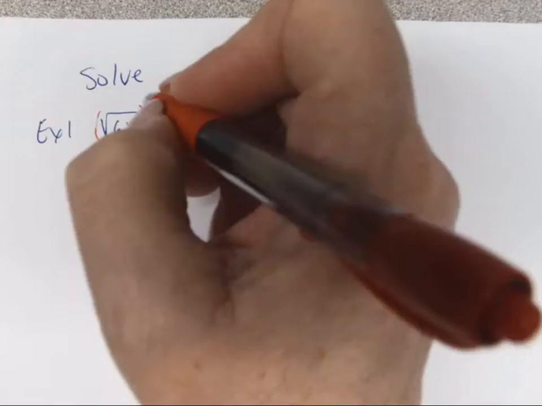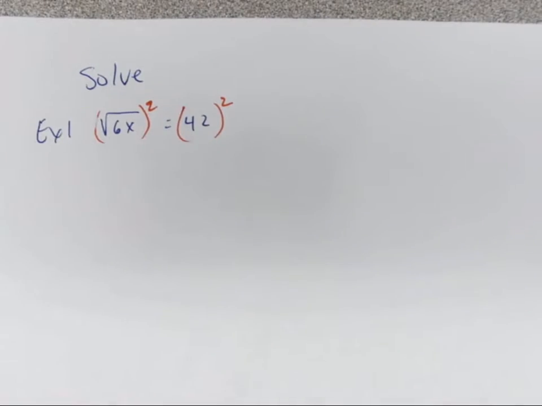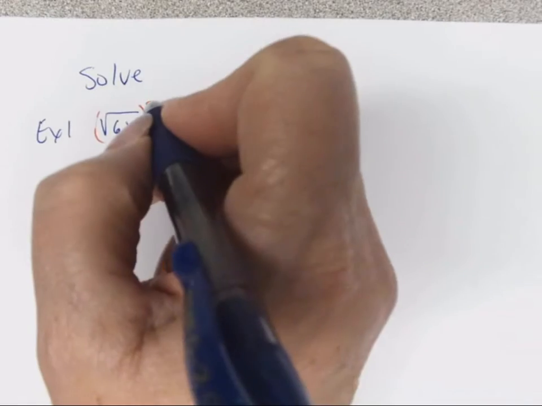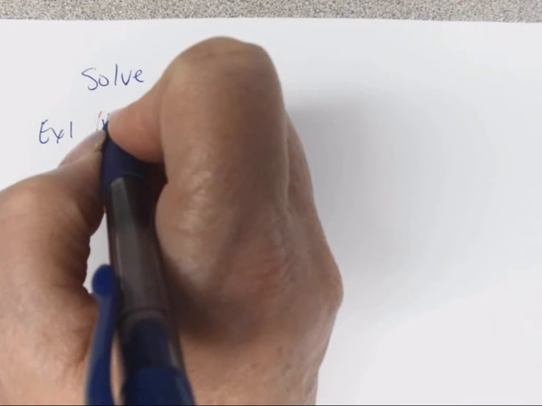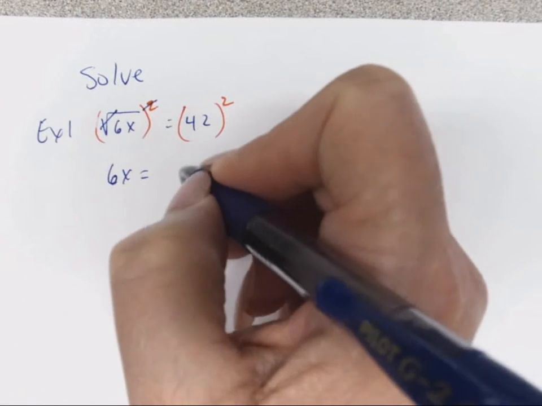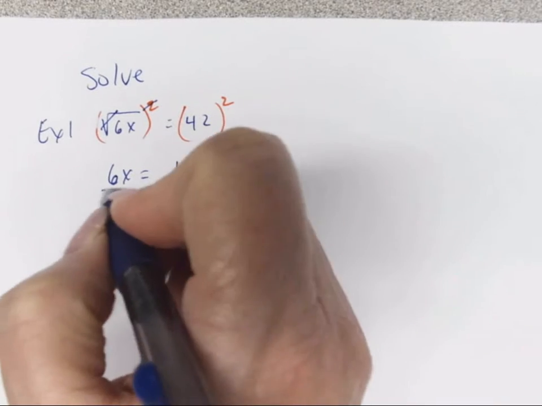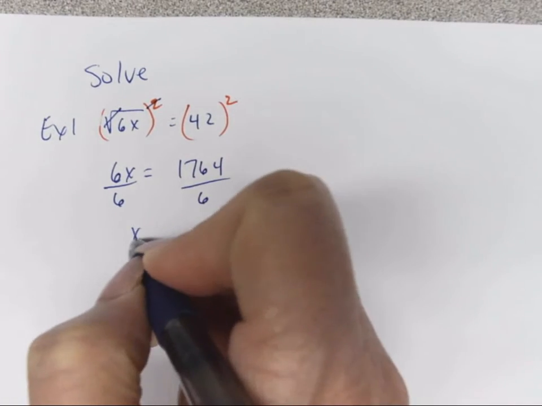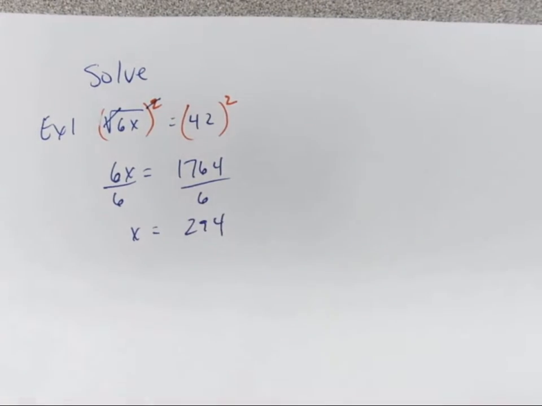Because it's a square root, it is an index of 2. So the square takes care of the square root. We're left with 6x, and 42 squared is 1,764. Divide by 6, and x equals 294.